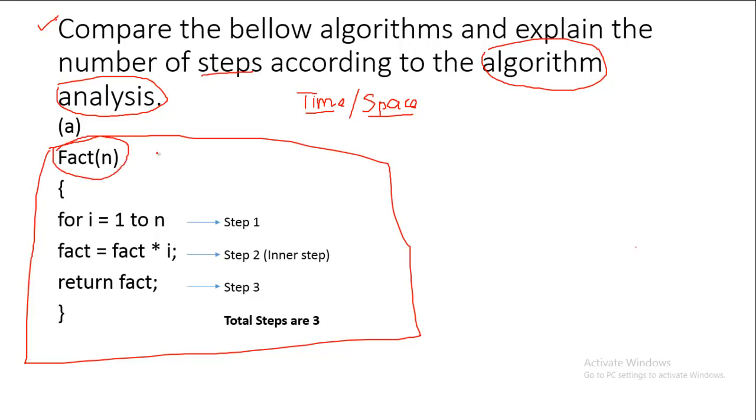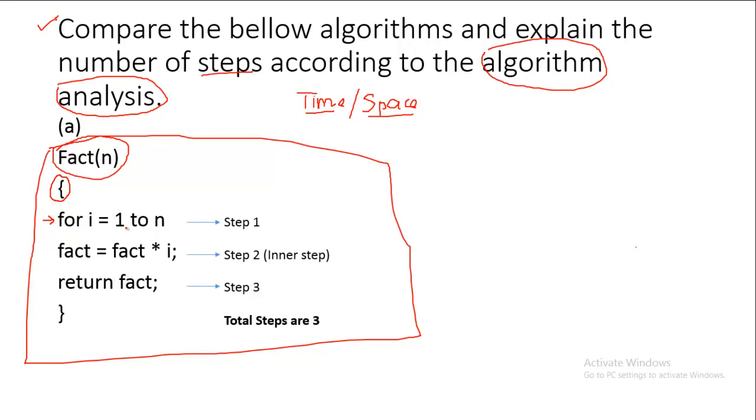No need to consider it as a step. And then the opening brace, also no need to consider it as a step. Well, the body, the definition itself, can be considered as steps of an algorithm.